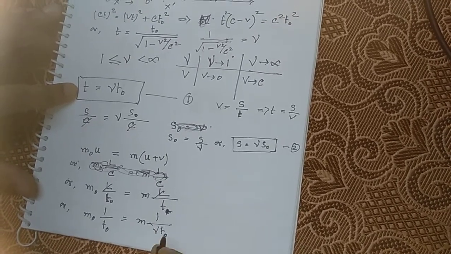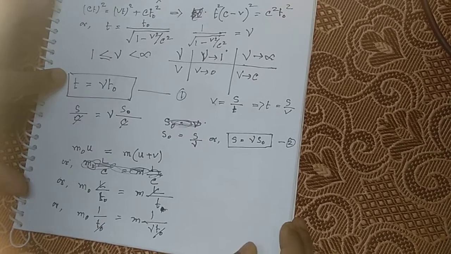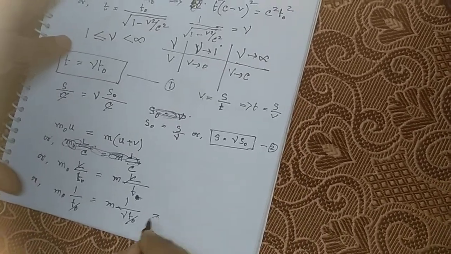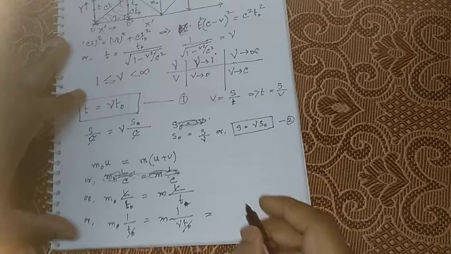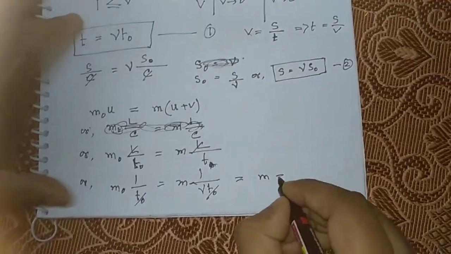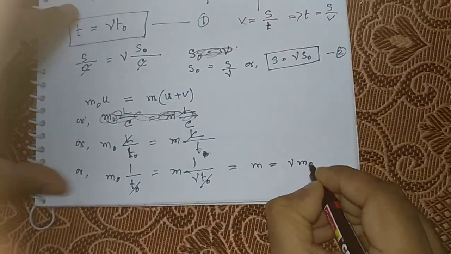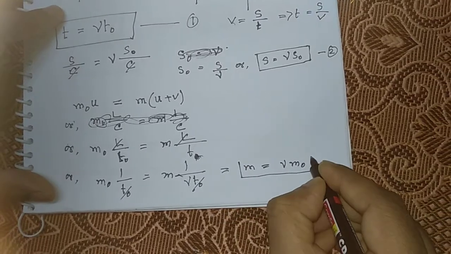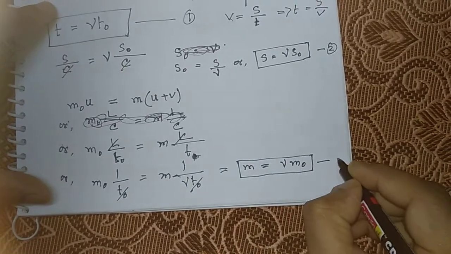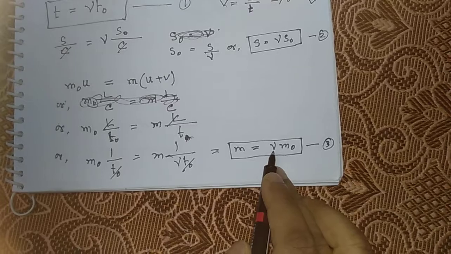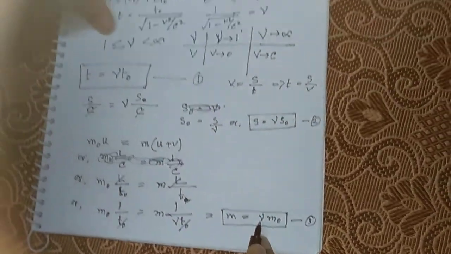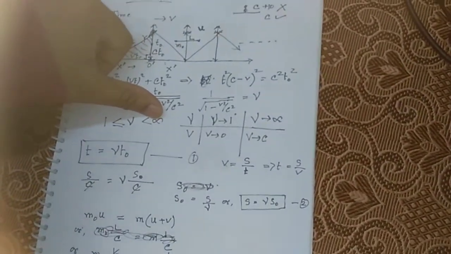From this equation T0 cancels out, and if I put gamma on this side, I have m is equal to gamma times m0. So this is relativistic mass gain. This is equation number 3. From here I can understand that the value of gamma lies between 1 and infinity.